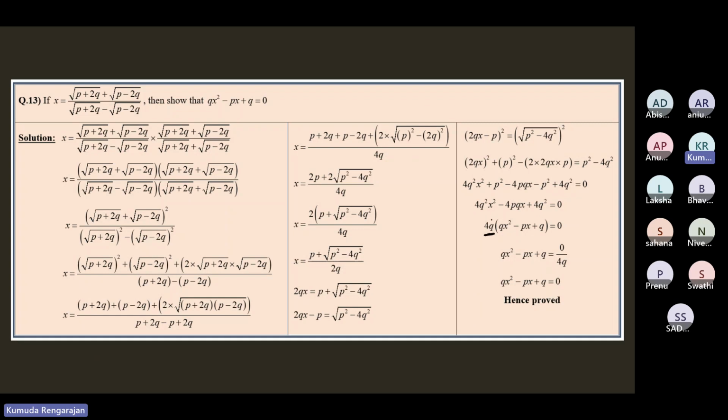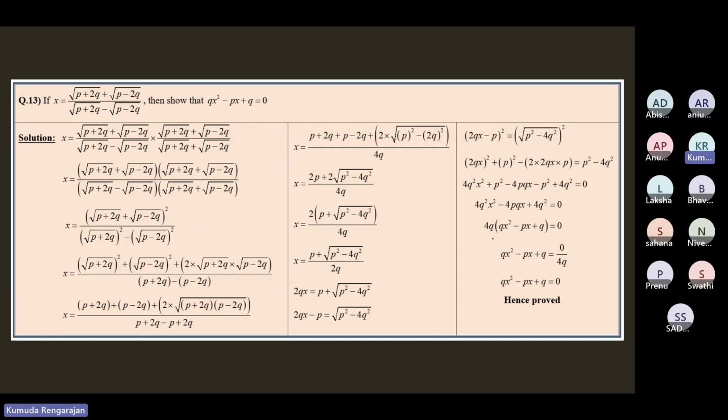In the bracket, you will get qx square because 4q is common, so you will get another q and x square. Here 4q is common, so px. Here 4q is common, so another q you will get in the bracket. So after taking out 4q common, this is the status.